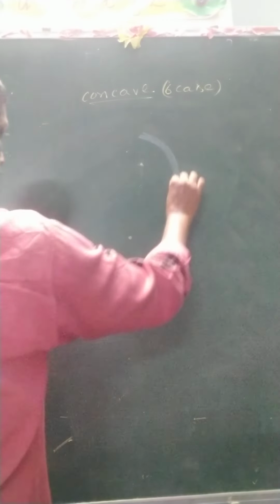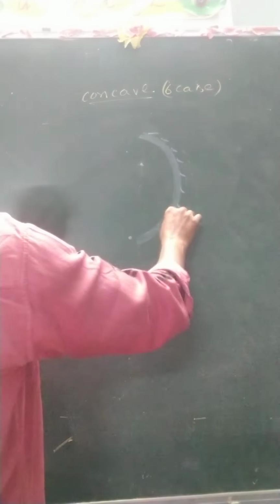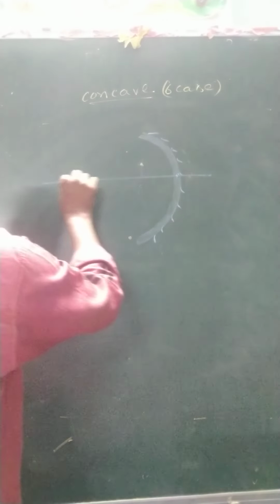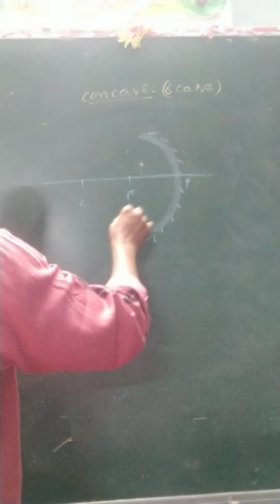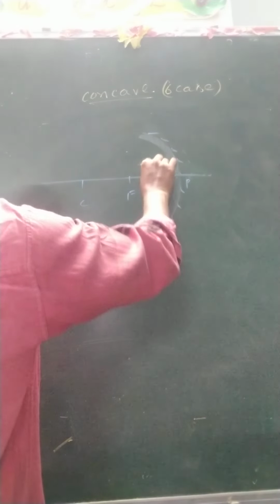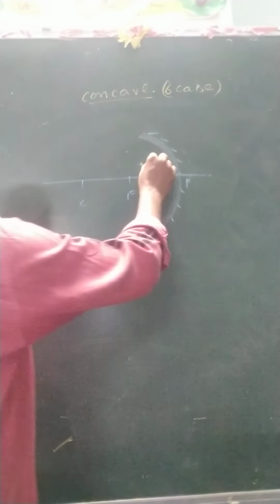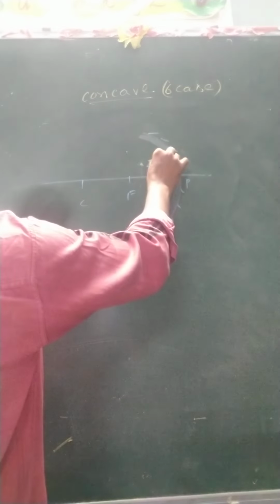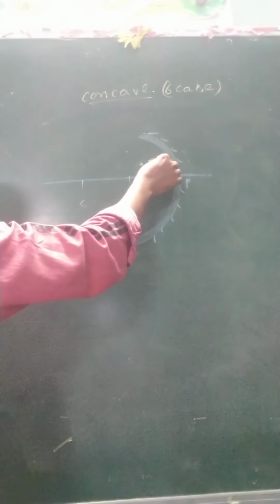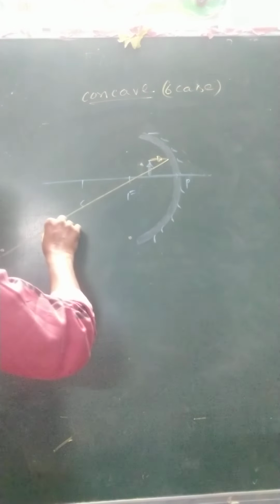And the last most important case is the object placed between P and F. A line we have to consider: that line is the principal axis, with pole, focus, center of curvature. An object we have to consider between P and F. A ray parallel to the principal axis, after reflection, passes through the focus.